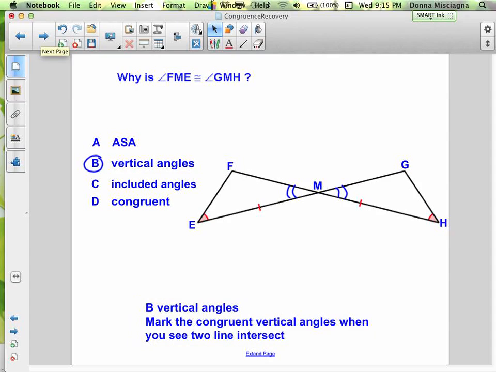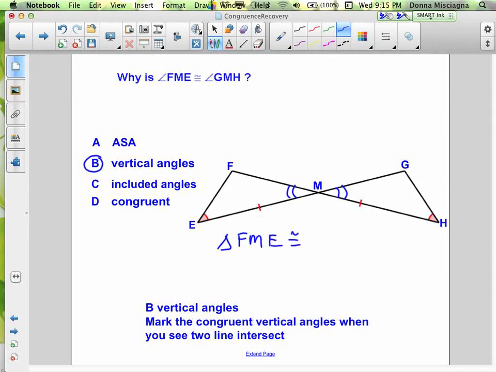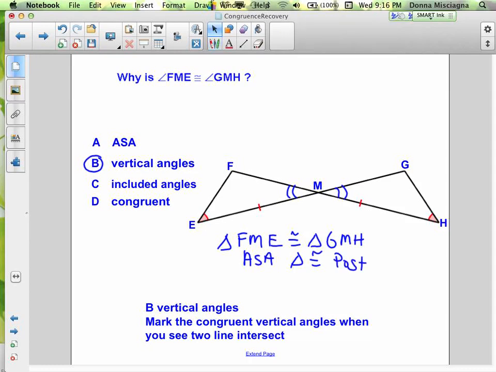Now, if we were asked whether triangle FME is congruent to triangle GMH, that would be the angle side angle triangle congruence postulate, because now we have two angles and the side between them congruent in both triangles.